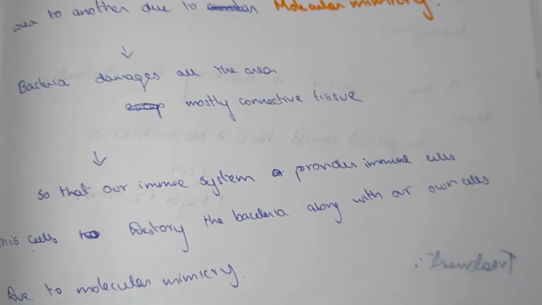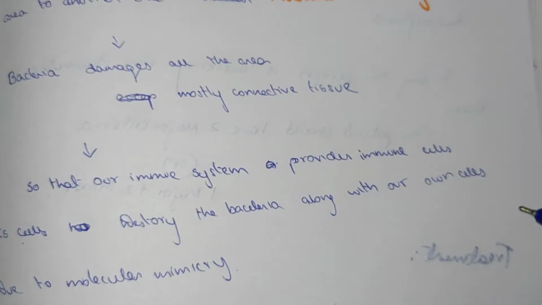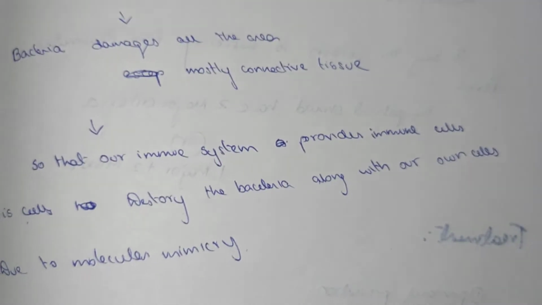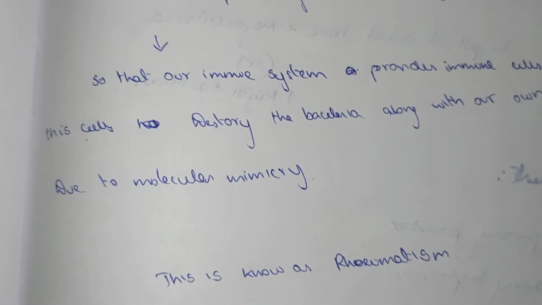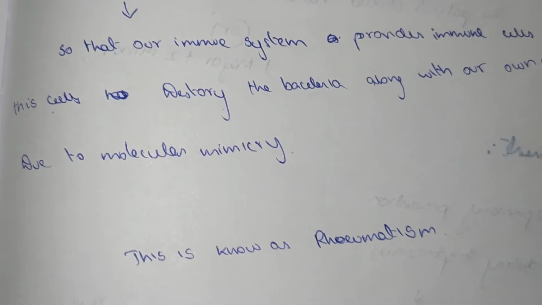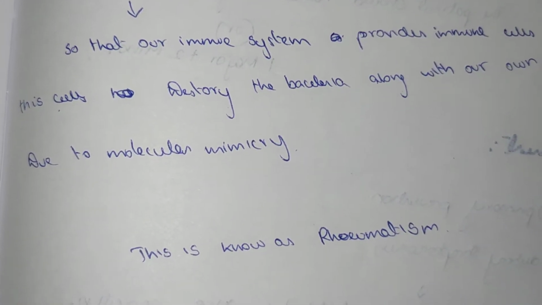Due to that, this results in an autoimmune disorder, and this is known as rheumatism. This pathophysiology is known as rheumatism. Along with it, the fever comes, so it is known as rheumatic fever.